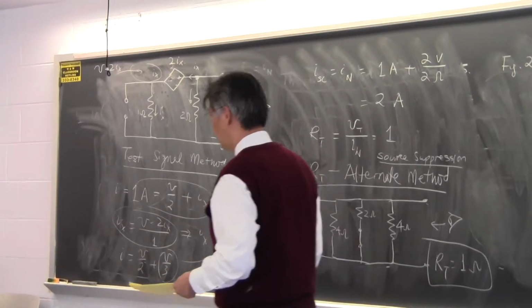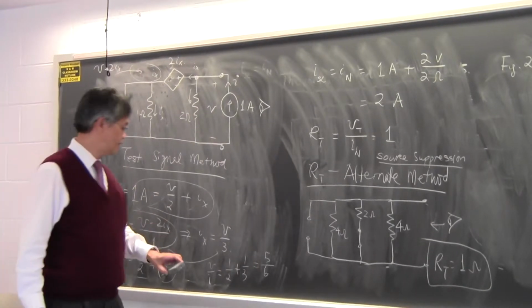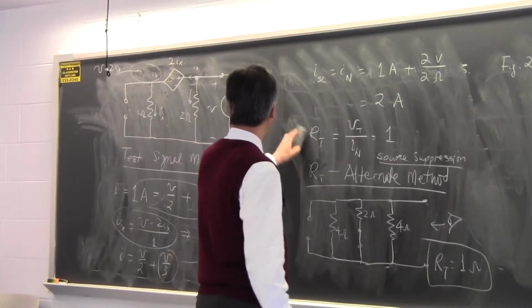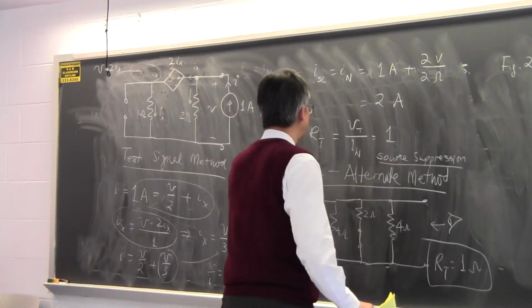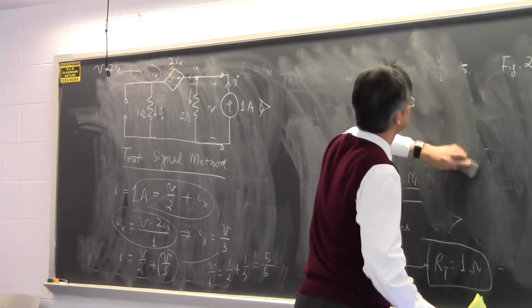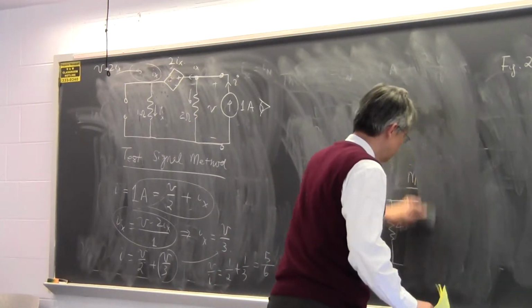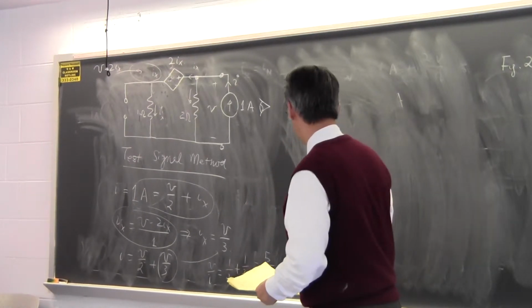And then R Thevenin is just the opposite of this. This is 1 over R Thevenin. So R Thevenin is going to be V over I is 6 by 5. What is that? It's 6 by 5, not 5 by 6.